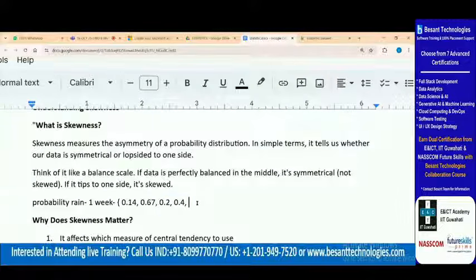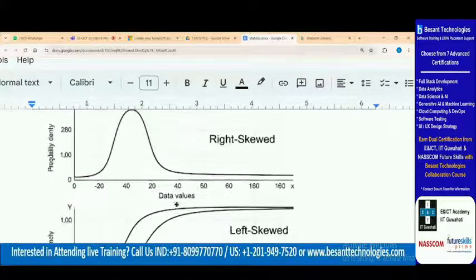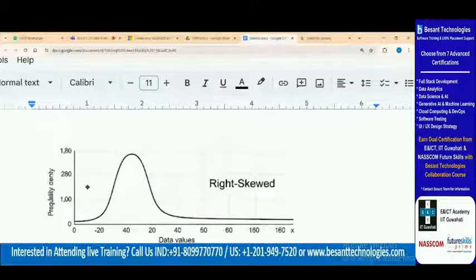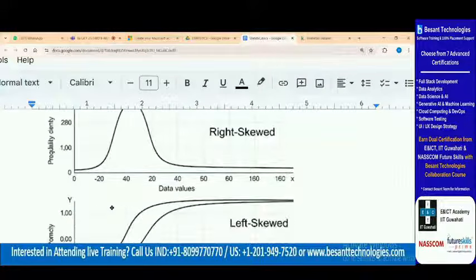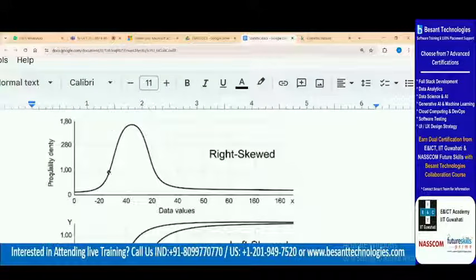All these values I'll be marking in the graph like this. If your values are going to be in this format, like consider minus 20 on the left side, if you have asymmetric values, asymmetric meaning the high value and down like this, this kind of shape on your left-hand side is called right skewed.